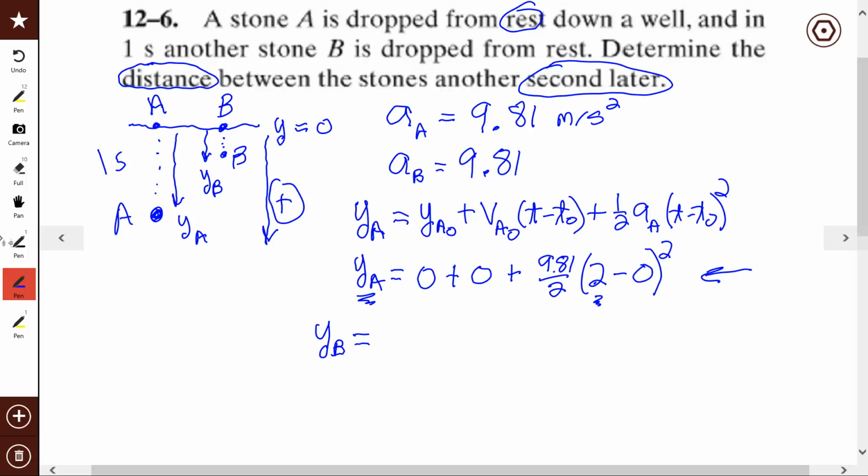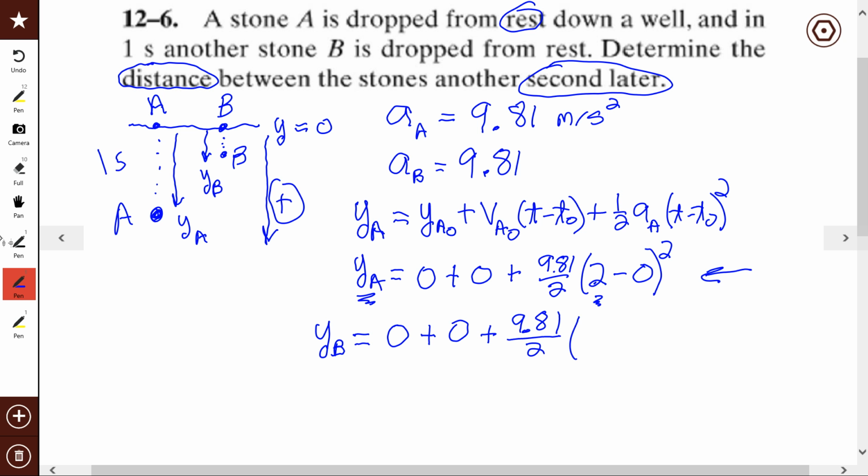So that's equal to the initial value, right? The body B starts at the top of the well, which is what I've defined to be 0. He also starts at rest, so he has initial velocity of 0. His acceleration is also 9.81 positive, and it's 1/2 of 9.81.